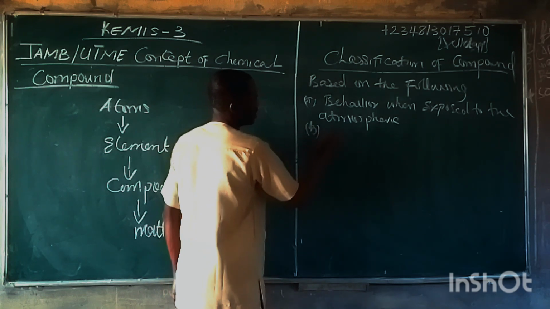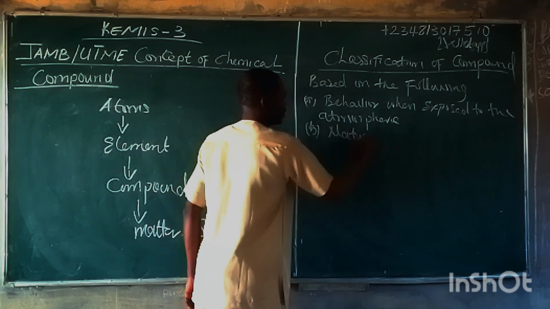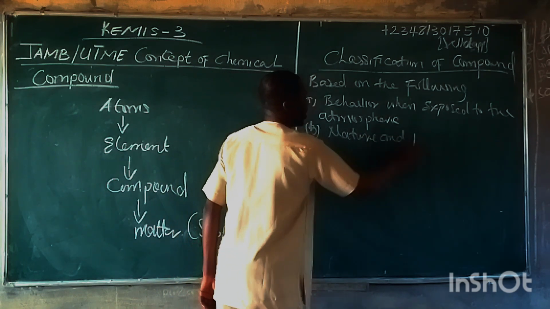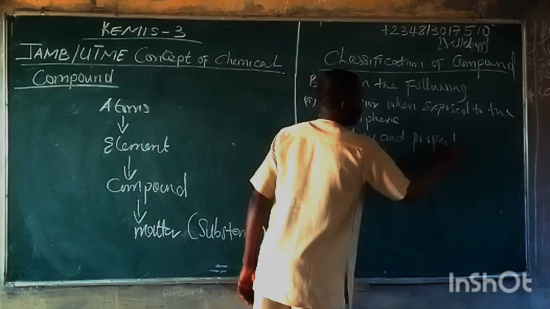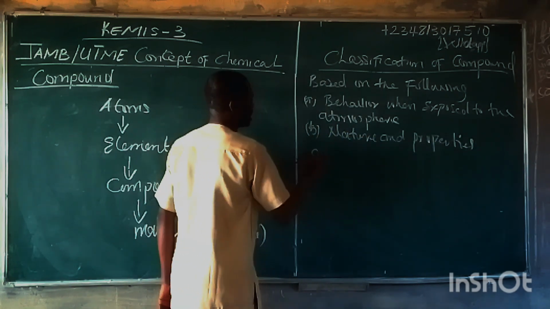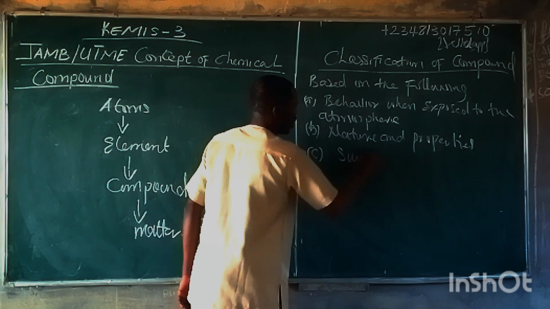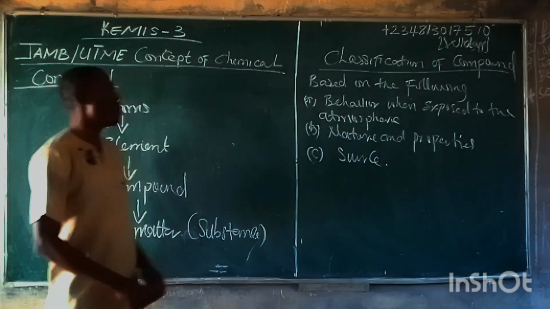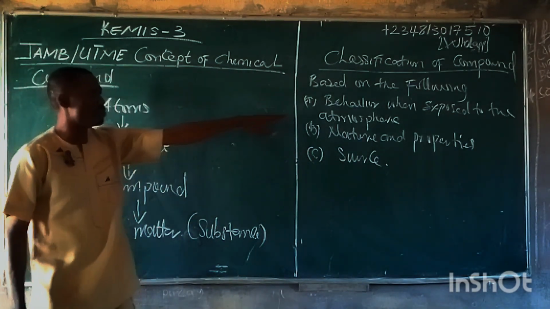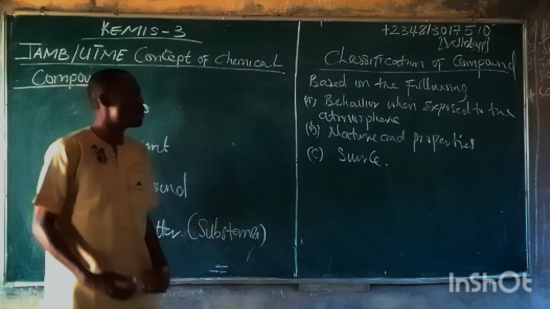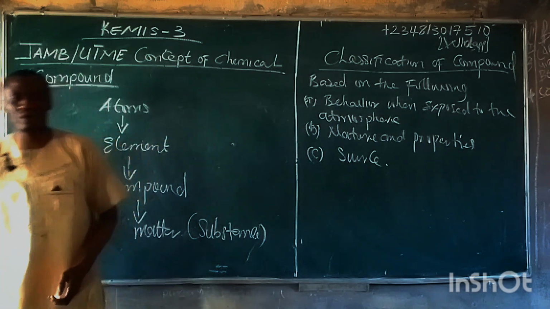Number B is the nature and the properties. Number C is the source of the compound.